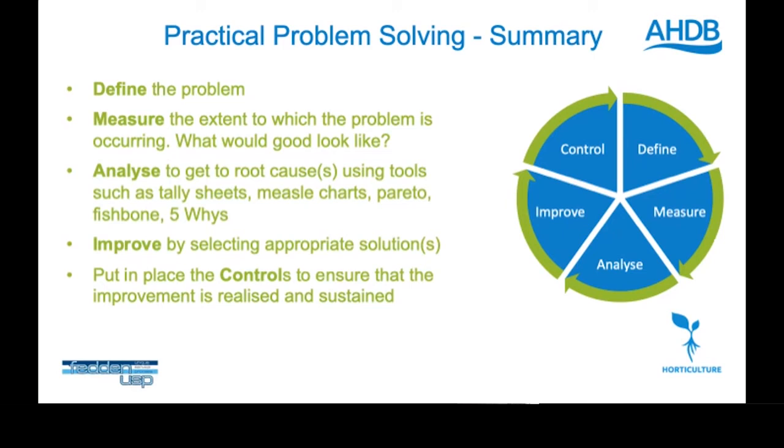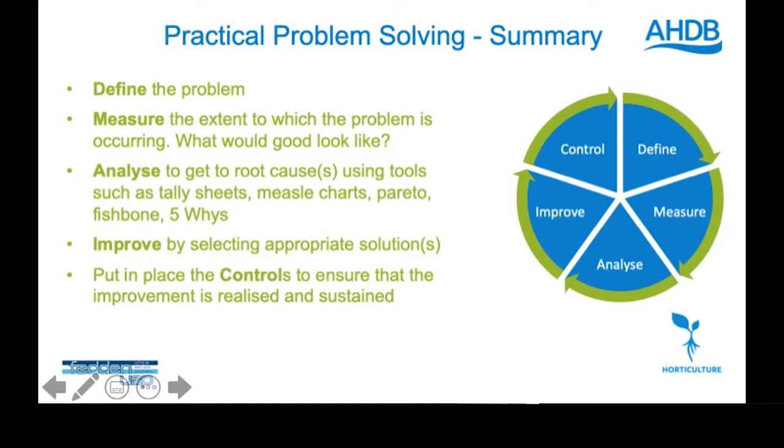For example, going back to what we were saying earlier, if you had a lot of problems found in the pack house, where poor quality fruit is being identified getting through to the pack house, this would be a really good way of analysing that particular problem and working out what you can do. So the first stage is define.